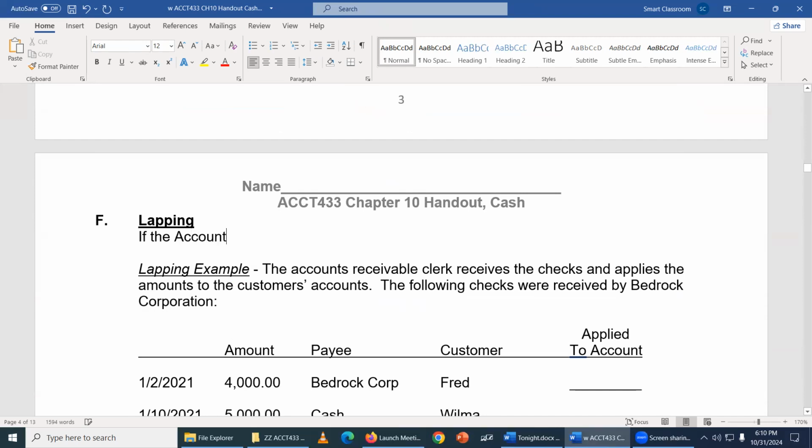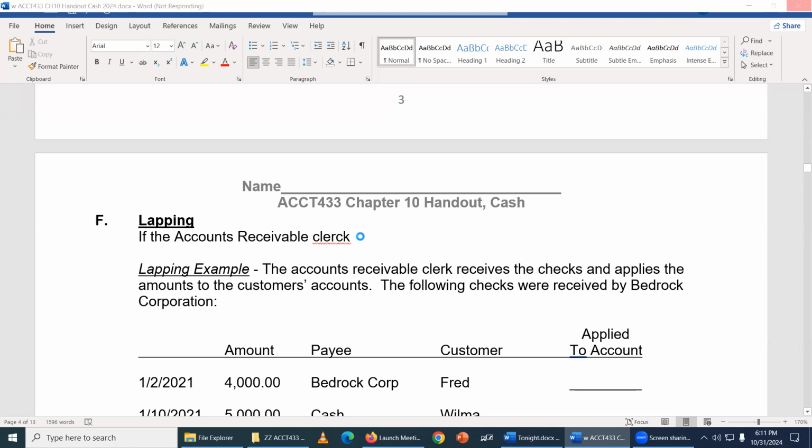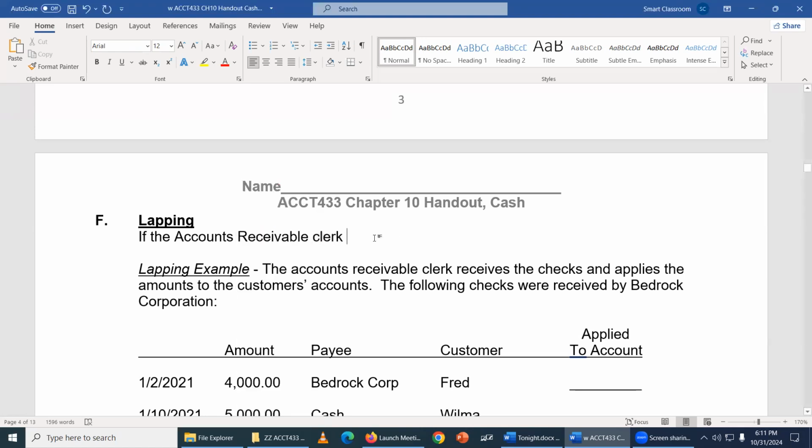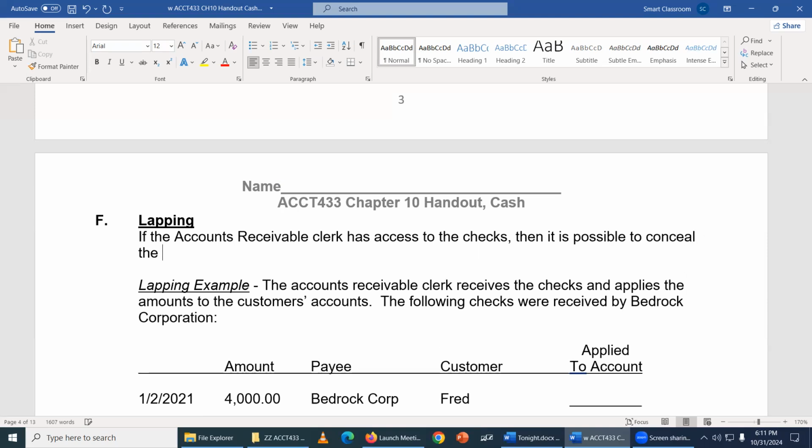The accounts receivable clerk. If the accounts receivable clerk has access to the checks, then it is possible to conceal the theft of checks.